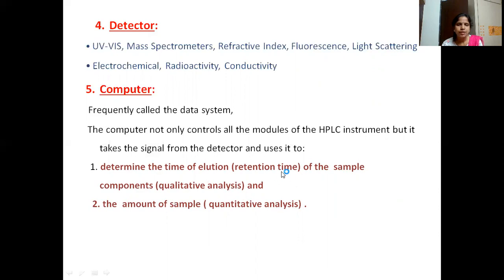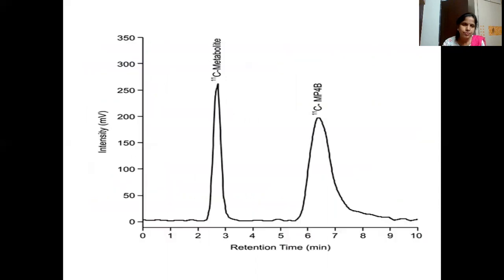Retention time is nothing but the elution time, how much time the component has taken to travel through the column. Also, with the help of that chromatogram, we can determine the amount of the sample present in it. That is what we call quantitative analysis. That is also computerized, and we get the feedback from the computer itself.